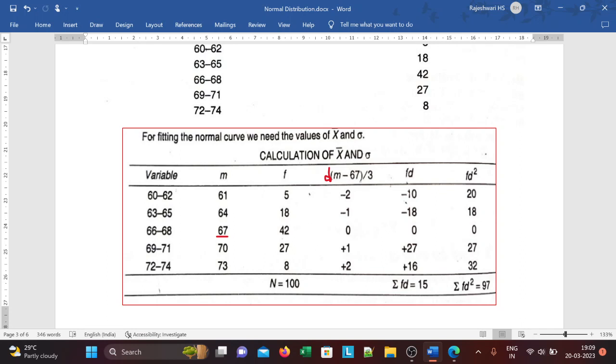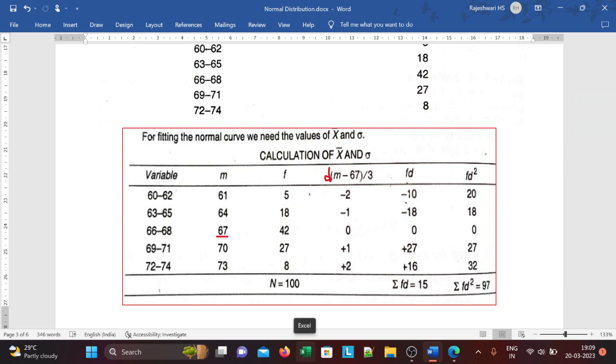Here the f value is 5, d square value is 2 square, that means 4. 5 into 4 is 20. 18 into 1 square is 18. 42 into 0 square is 0. 27 into 1 square is 27. 8 into 2 square, that means 4, 8 into 4 is 32. So we just take the total values. Summation f is 100, summation fd is 15, summation fd square is 97.